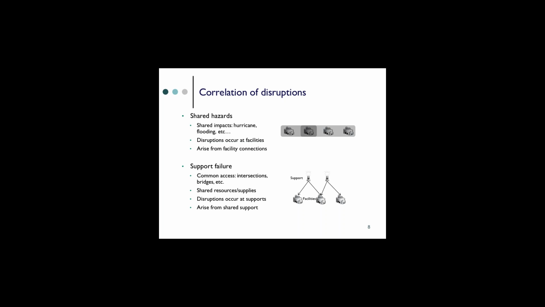And in this pattern, the disruptions occur at this support. And the reason why there's correlation is that these two facilities share one common support. Then, if this support is disrupted, it will affect both of the two facilities. And these facilities are correlated with each other. Similarly, these two are also correlated.